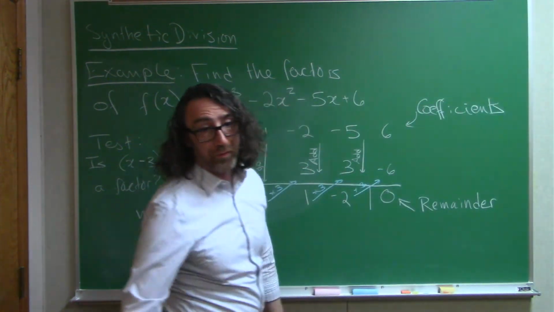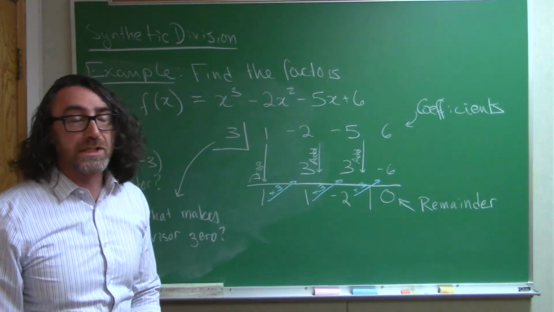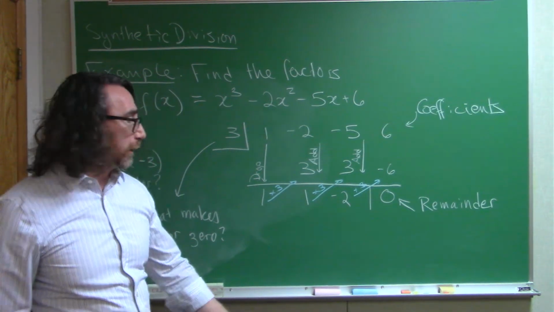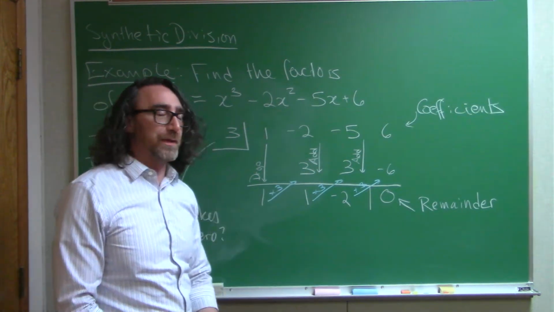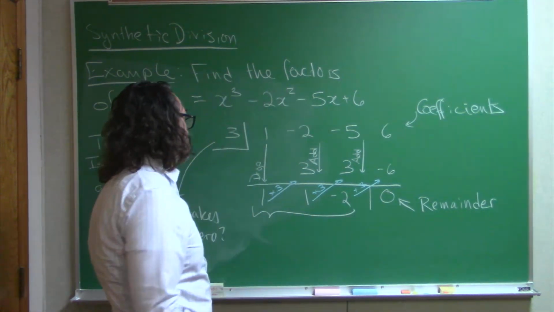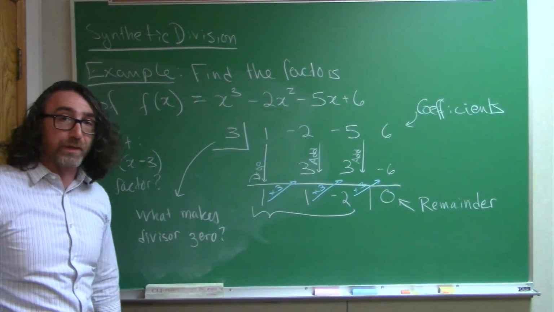Okay, the reason I separated that last number from the rest is that's the remainder from this division. So my remainder is 0, so the division has gone in even.